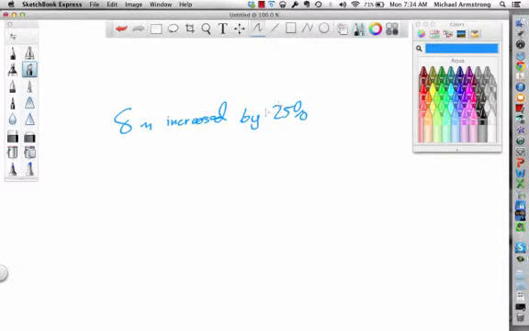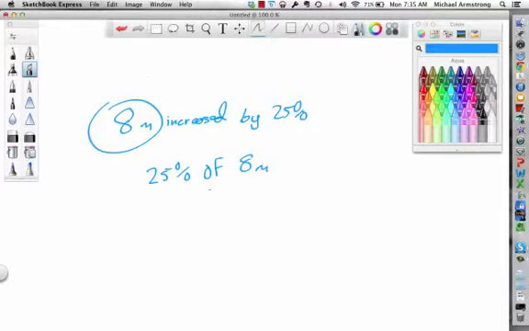Okay, so it grows by 25%. Basically what we need to do is find 25% of 8 meters and then add it to 8 meters. See, if it increased by 100%, it would be another 8 meters, and 8 plus 8 is 16 meters. So we're increasing by 25%.